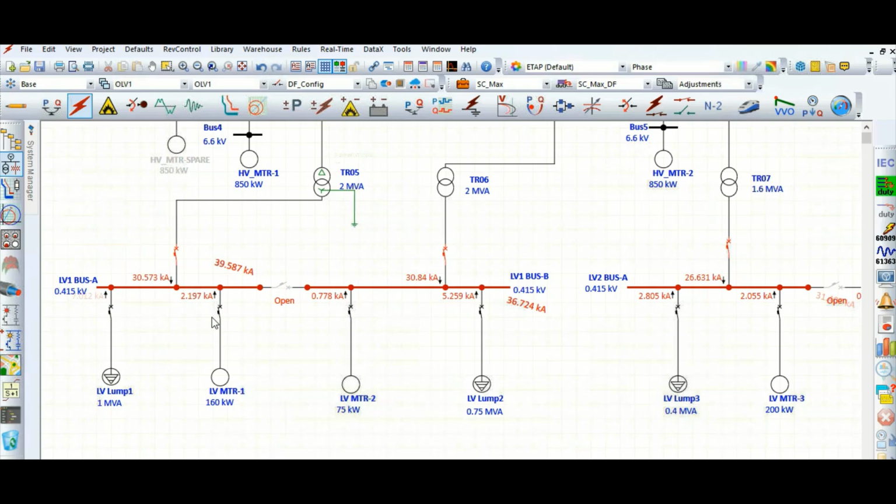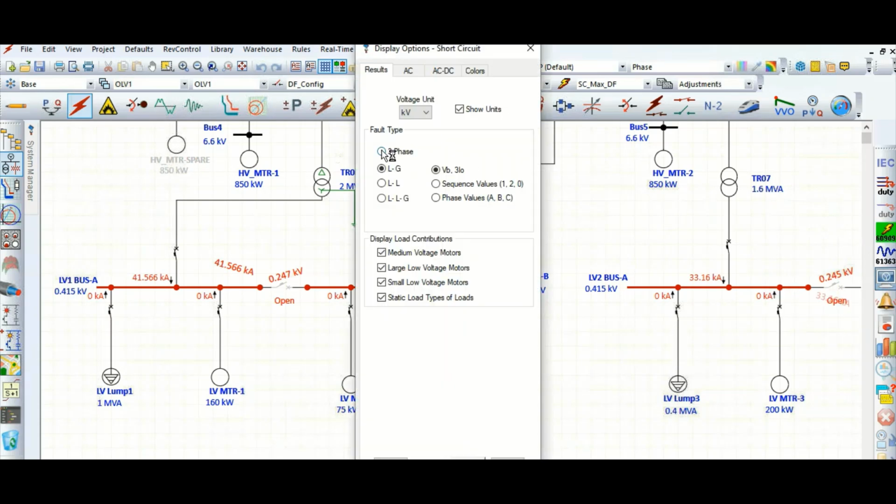Now coming to another point. This is the three-phase current. Let's run the IEC 60909. Let's go to the display option. Here is the three-phase fault current.